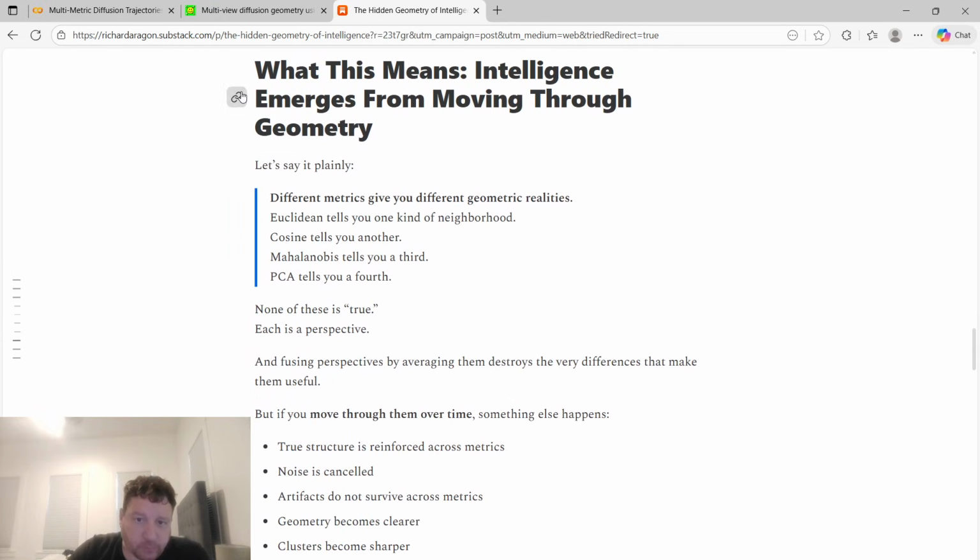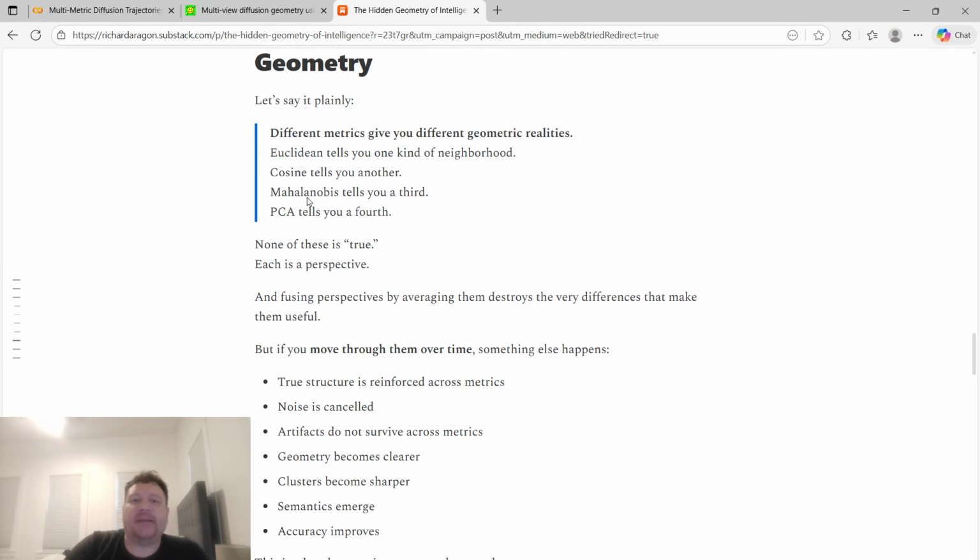And so what this means is that intelligence emerges from moving through geometry. Let me explain it clearly: different metrics give you different geometric realities. Each one of those individual observers has its own different reality, right?